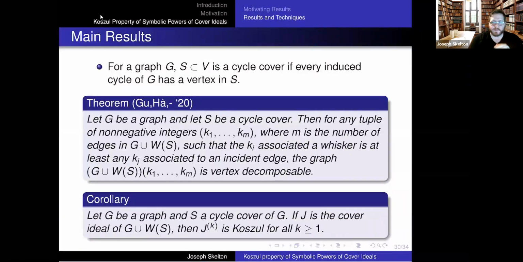Okay. So our main result, we talk about a cycle cover. A cycle cover is just a subset of vertices where every induced cycle has a vertex in that subset.